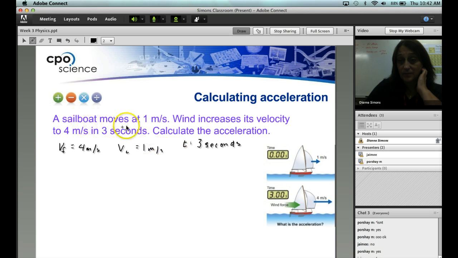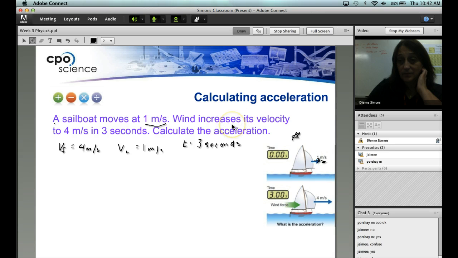All right, so what we're looking at here, we're just reading the problem. And it says that a sailboat moves at 1 meter per second. So right up here at this picture, do you see this picture up here at the top? When time is 0, this little boat is just moving along. There's just a slight breeze, and the boat is moving at 1 meter per second. Okay, so that's its velocity. All right, then there's a wind that comes up, right?